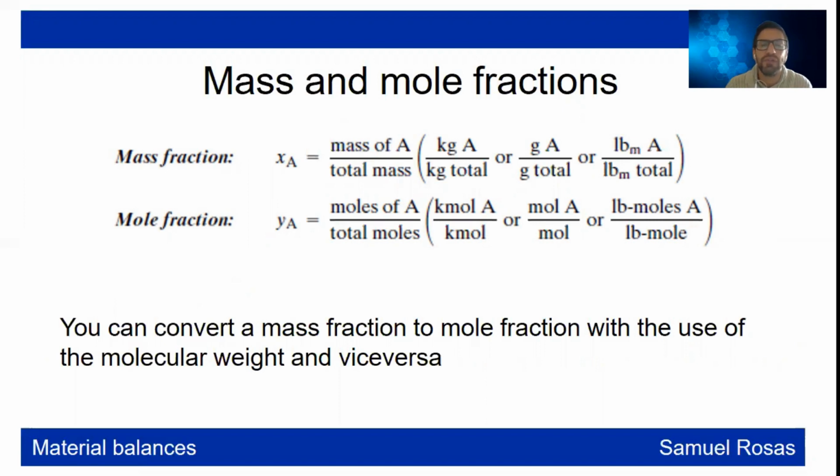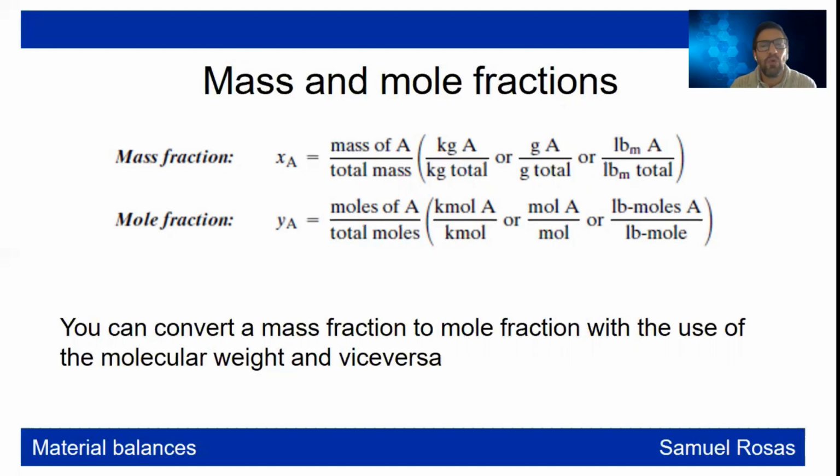And if we have mixtures of many components, we can have the mass and mole fractions. So the mass fraction is going to be the amount of mass that we have of one component over the total mass, denoted by X, which is the kilograms of that component over the total kilograms, or grams of that component over total grams, or pound mass of that component over total pound mass, right?